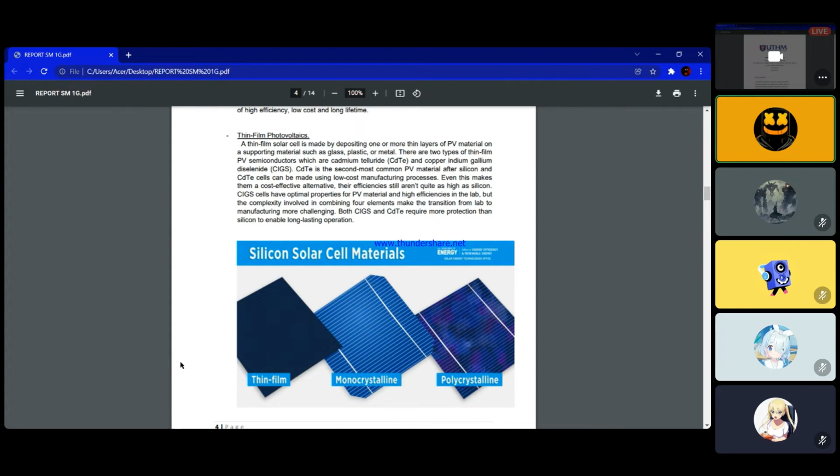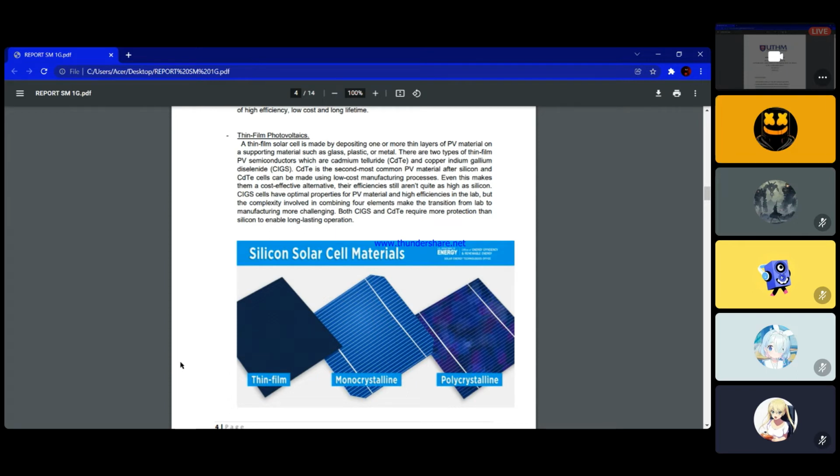CdTe is the second most common PV material after silicon, and CdTe cells can be made using low-cost manufacturing processes. This makes them a cost-effective alternative, though their efficiencies are still not quite as high as silicon.